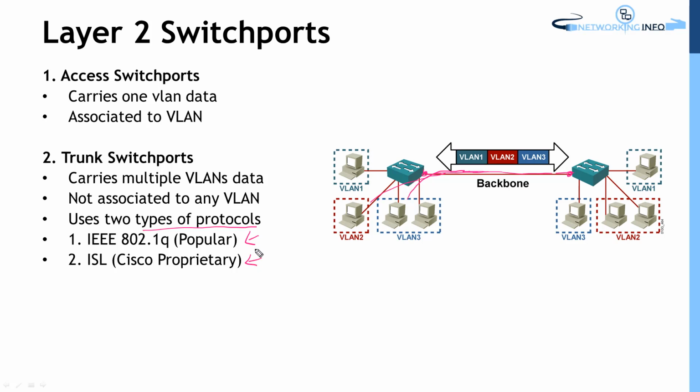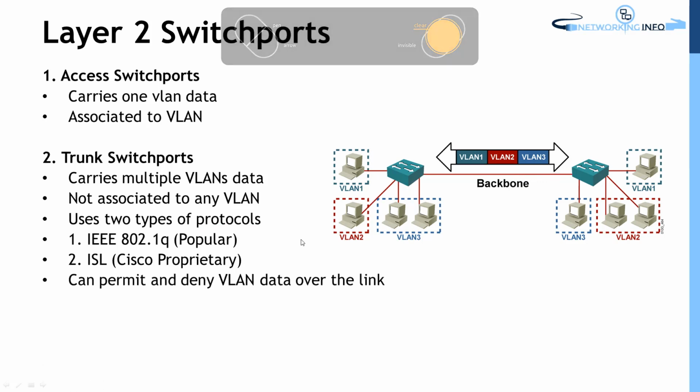We will compare these two protocols in the next slide, and why we use IEEE instead of ISL. The trunk port is the most important port in the LAN network, and it can give a lot of benefits and reduce your network infrastructure cost.